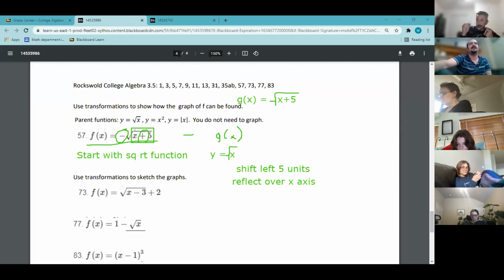It happens to the y's. Since my y's are getting flipped, the ones on top are getting flipped down and the ones on the bottom are getting flipped up. That should be about the x-axis. So I think you had it right with the reflect. Thinking about what axis it flips over is sometimes a little bit tricky, because we are flipping the y values, but the y values flip over the x-axis.